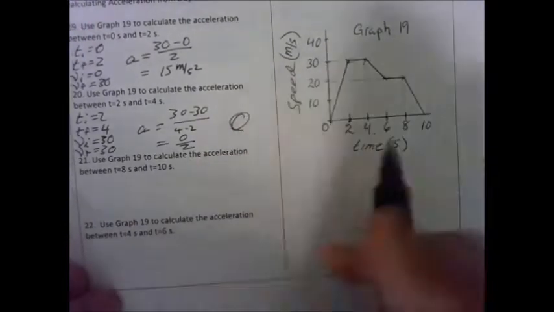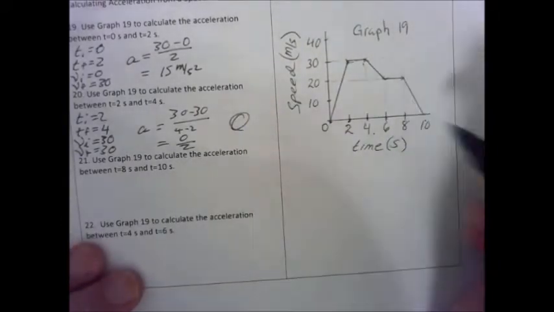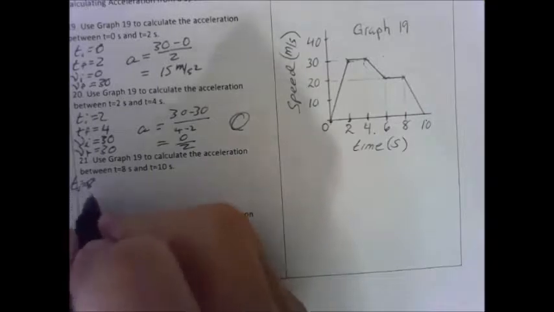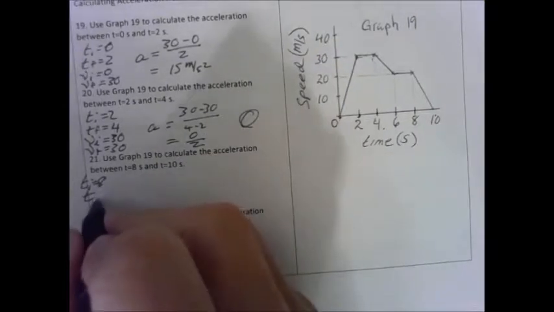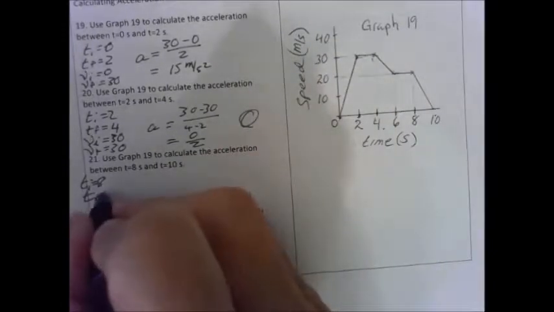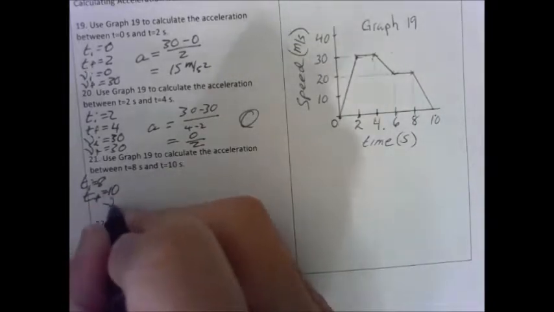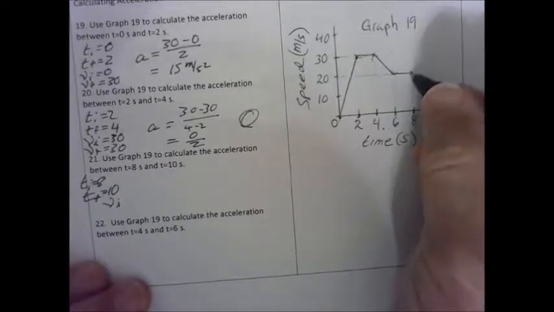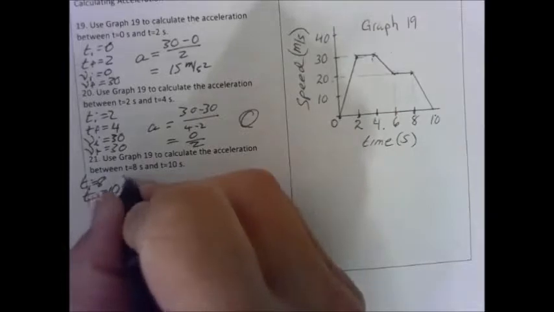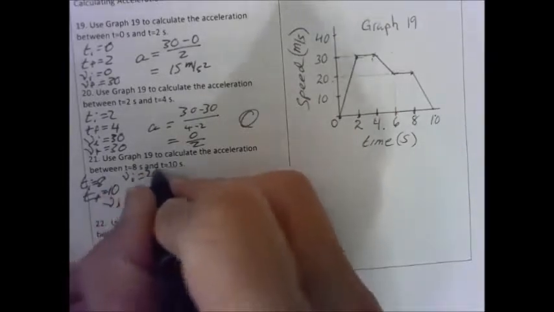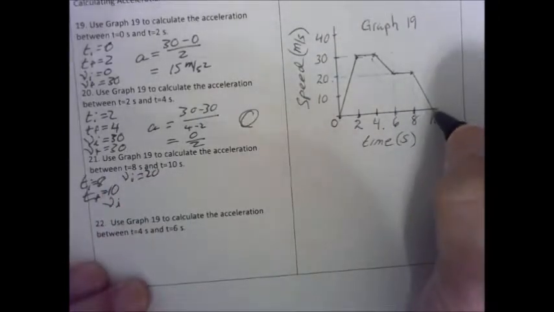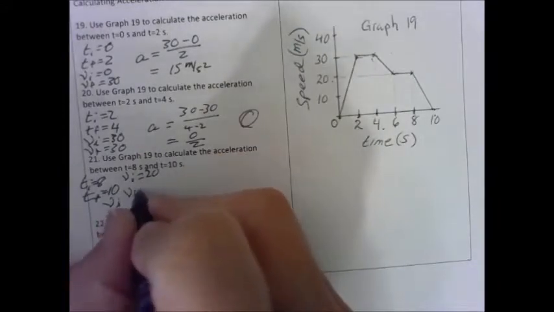Let's move on to the next interval between 8 and 10. Okay, so my initial time is equal to 8, and my final time is equal to 10. And my initial velocity at 8 is equal to 20, and my final velocity at t equals 10 here is 0.